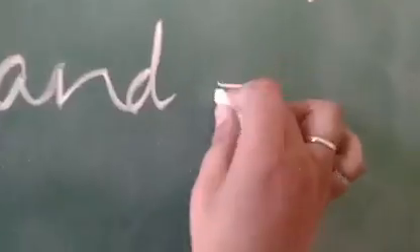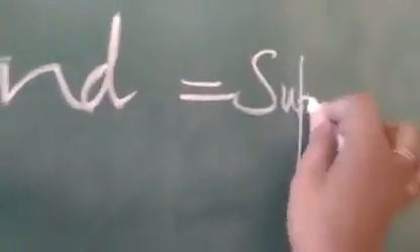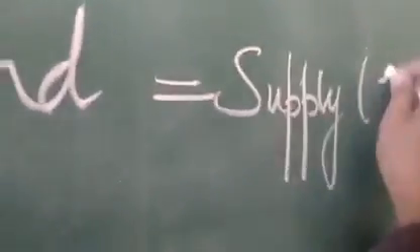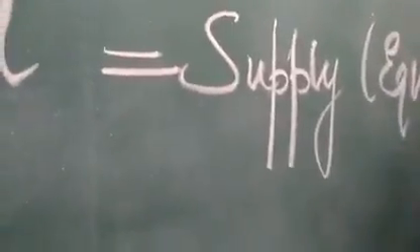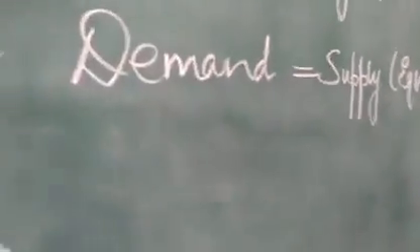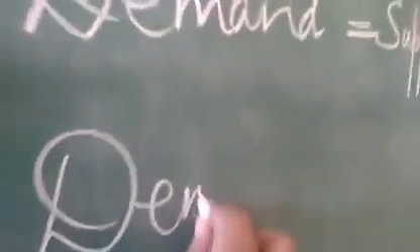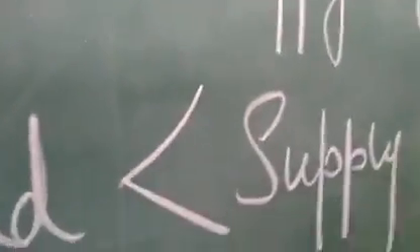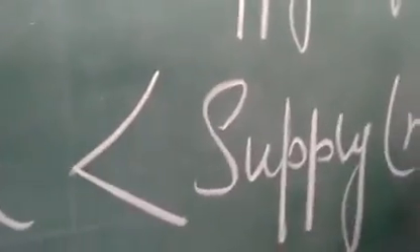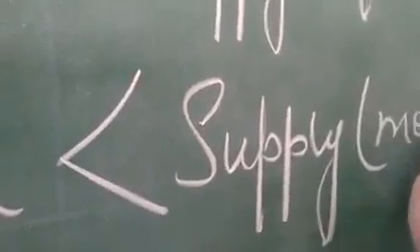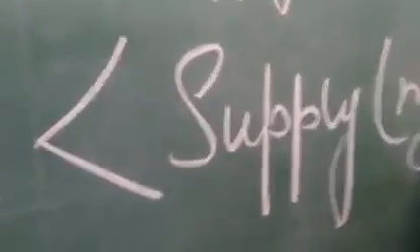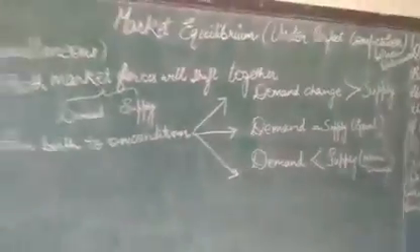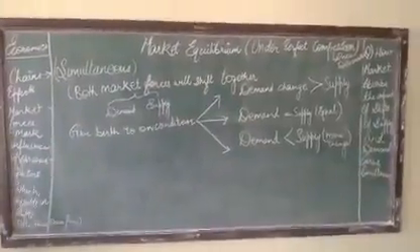Then demand and supply change equal to each other. Otherwise, demand changes less and supply changes more. This is the simultaneous chain effect.